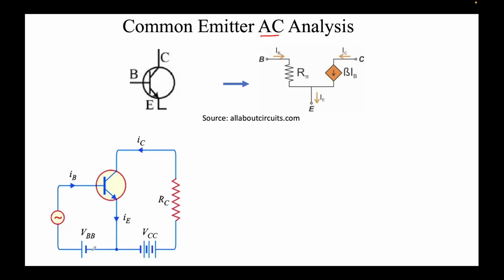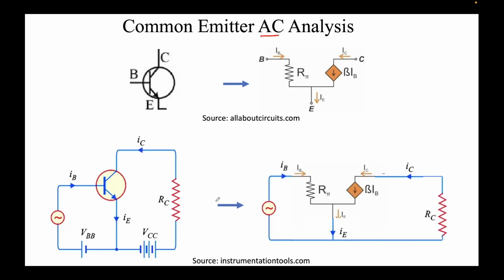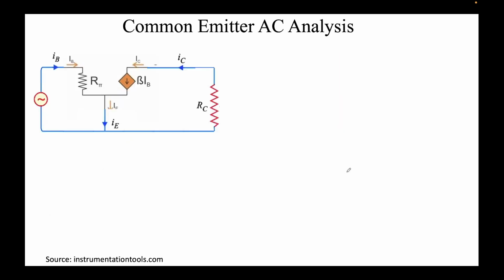Secondly, I'll short all the independent voltage sources. You can see I've replaced this BJT with this circuit and shorted all the independent voltage sources. If there are current sources, we will open them. Now I'll simply analyze this. We can simply assume it to be ground. I told you this is the reference.